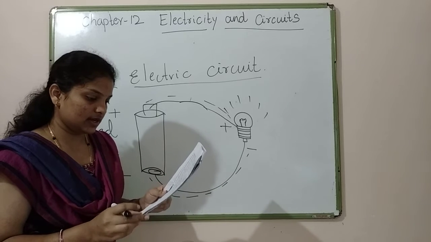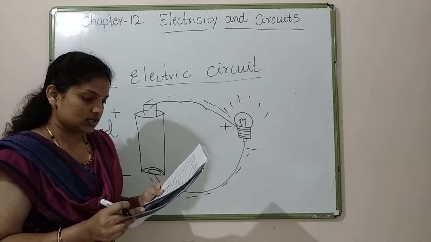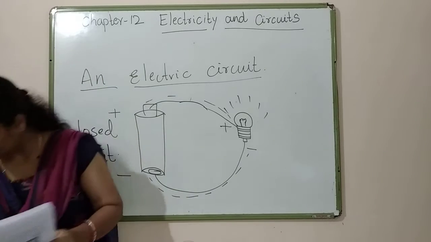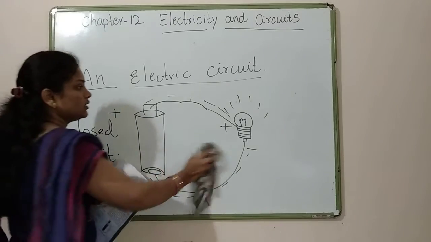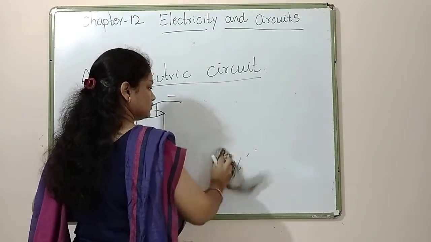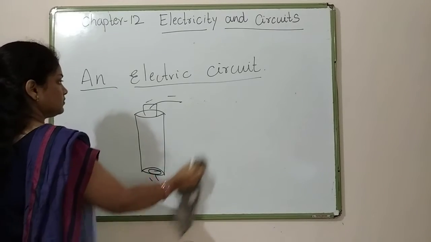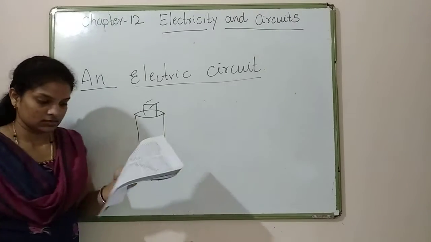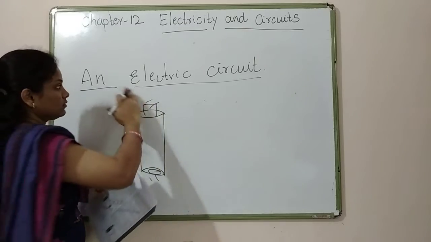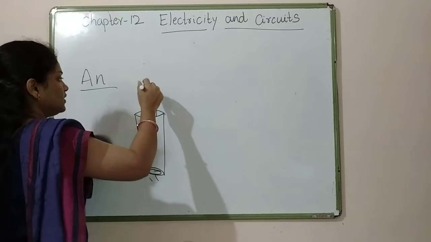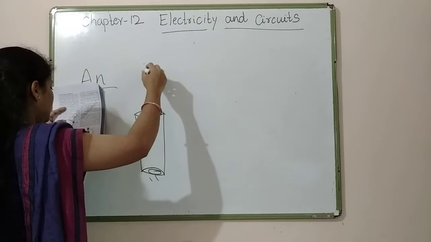Next, there is one activity given here, with a torch bulb. A torch bulb is taken here, and take the same bulb and the same cell again.